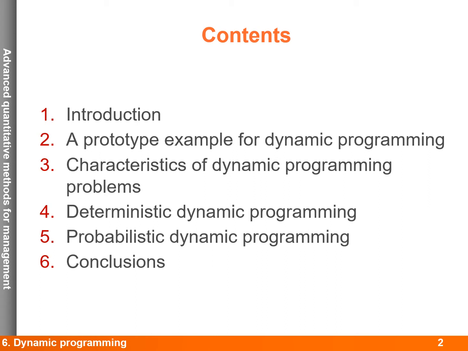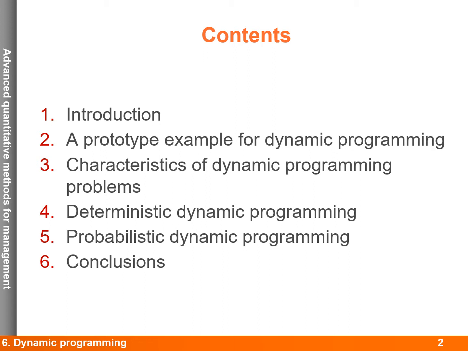What we do in this chapter is start the concept of dynamic programming with an introduction. Then, through a prototype example, we review the different concepts of dynamic programming and the objectives and the process of solving the problem.